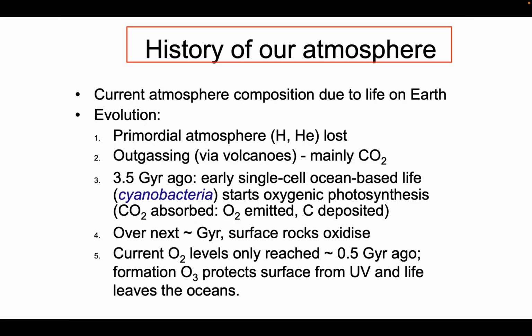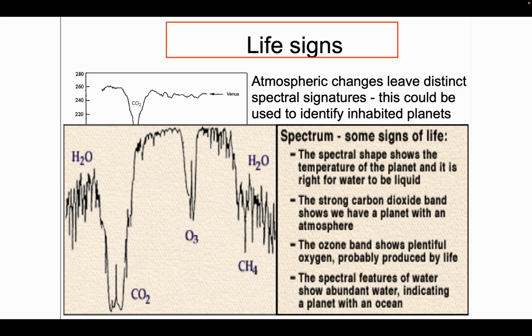Another key thing, the last thing for this exoplanet discussion, is the sign of life. Atmospheric changes leave a distinct spectral signature, which could be used to identify inhabited planets.